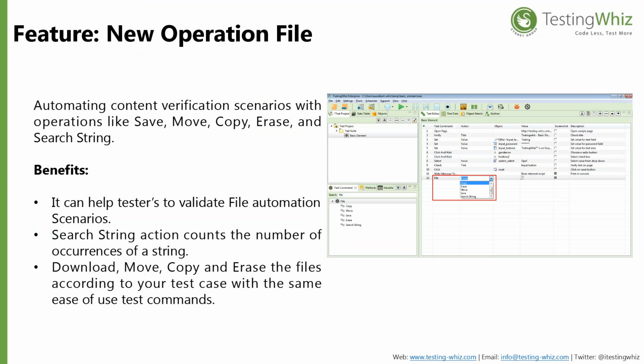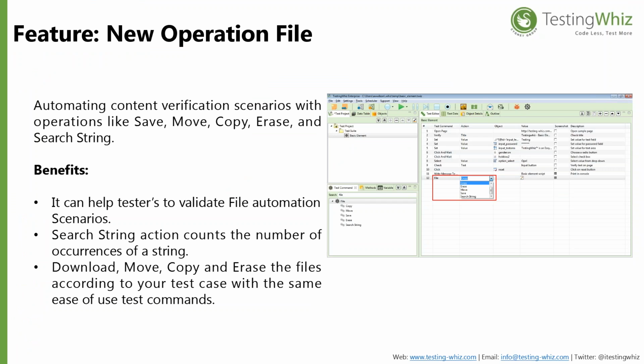Now the next feature which I would like to show is the file operations. This is a particular file operation where you can easily copy a file from a particular folder and copy or move it into a different folder. That is easy for you.